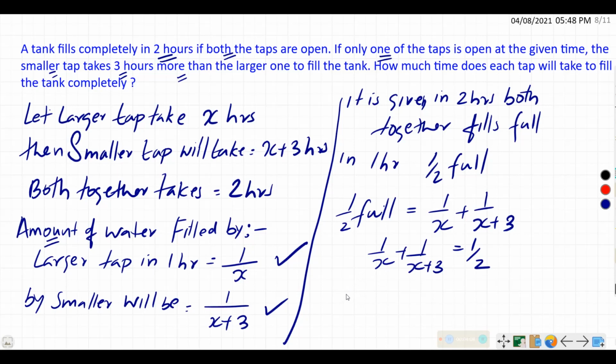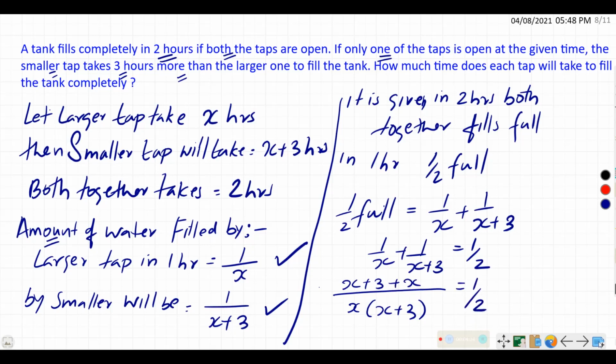So when we rearrange it, 1 upon X plus 1 upon X plus 3 is equal to half. If you try to solve it, the LCM will be X into X plus 3, and we can write the numerator as X plus 3 plus X. Okay, simply we will solve it now.